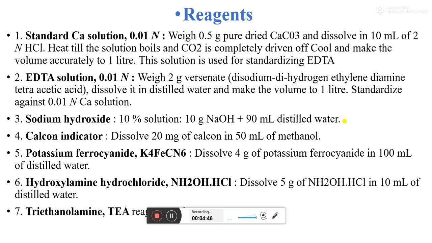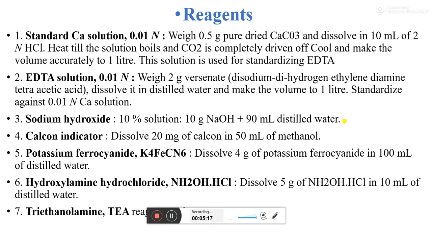Then potassium ferrocyanide: dissolve 4 gram of potassium ferrocyanide in 100 ml of distilled water. Then the next one is hydroxylamine hydrochloride: dissolve 5 gram of hydroxylamine hydrochloride in 10 ml of distilled water. These reagents are hydroxylamine hydrochloride and triethylamine.